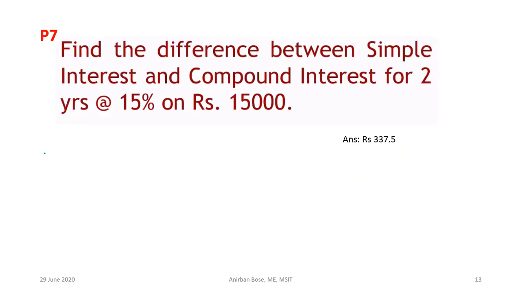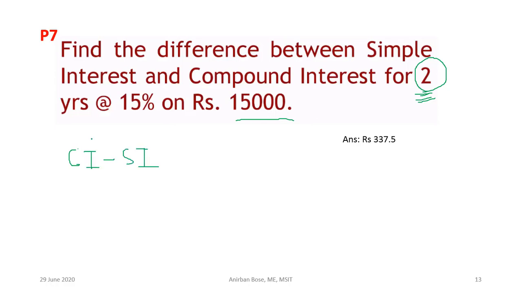Now coming to this problem, find the difference between simple interest and compound interest for 2 years at 15% on rupees 15,000. Here one thing I am telling you, that if the number of years is 2, then we can apply the difference formula, compound interest minus simple interest.